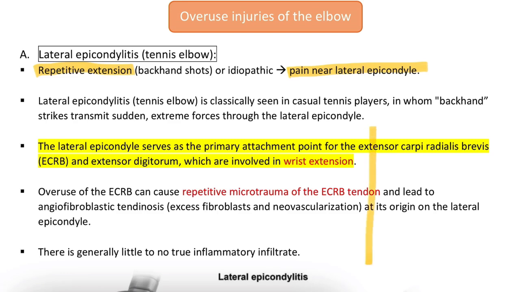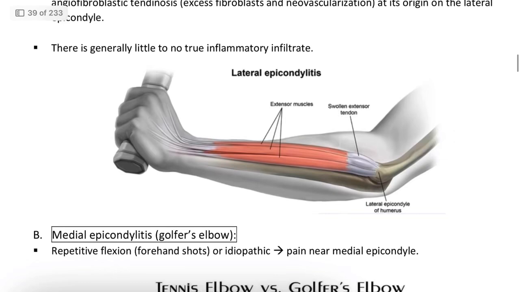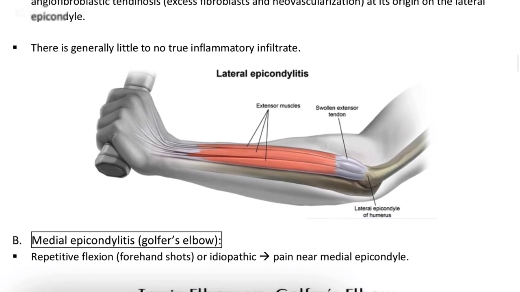If you look at this image, you can see the pain is mostly in the lateral epicondyle region, where the extensor carpi radialis brevis, ECRB in short form, and some other extensor muscles are attached. These muscles are involved in wrist extension.